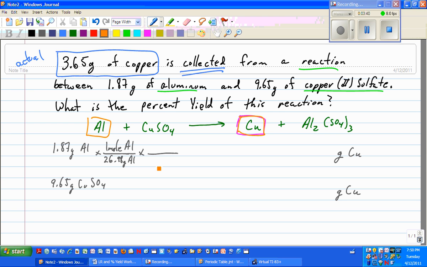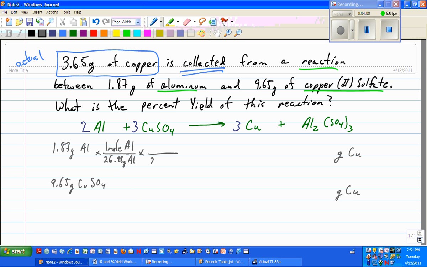Oh, you know what I didn't do? I didn't balance this equation. Let's do that before I jump the gun and get all lost here. I need 3 of these and 3 of those and 2 of these, and I think I'm done. Now I'm ready for my molar ratio. Got to be careful with these. You can't just keep going without a balanced equation.